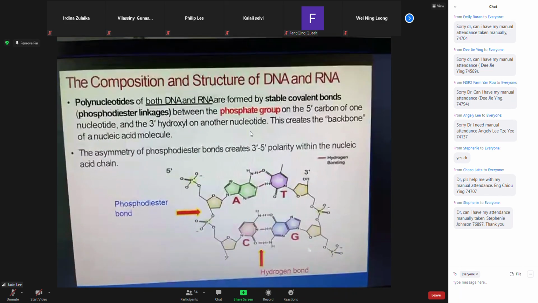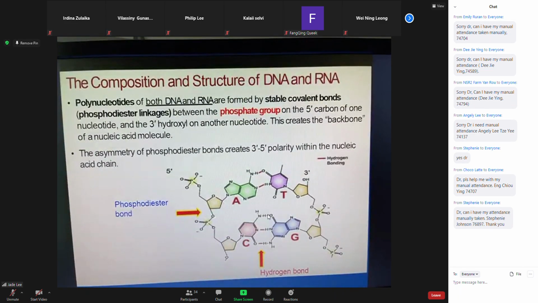As you can see, this is the phosphodiester bond, and this is the hydrogen bonds. The asymmetry of the phosphodiester bond creates the 3' to 5' polarity within the nucleic acid chain.